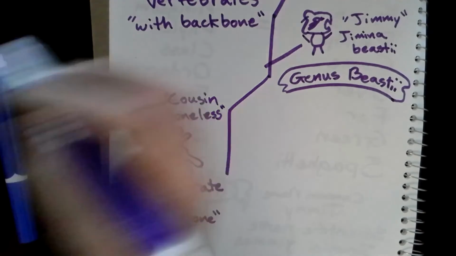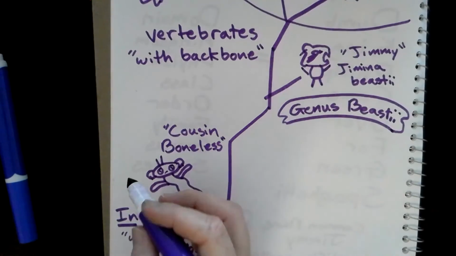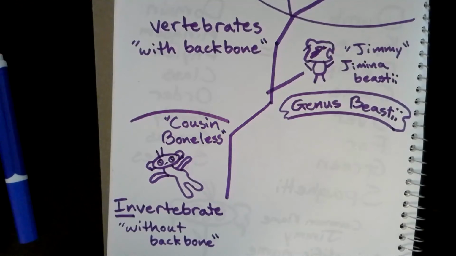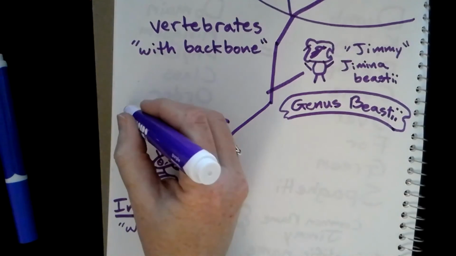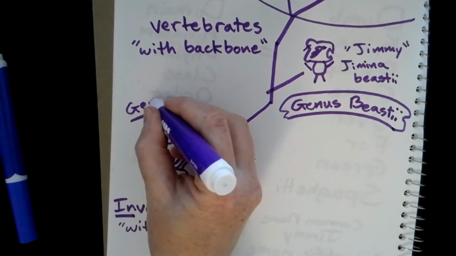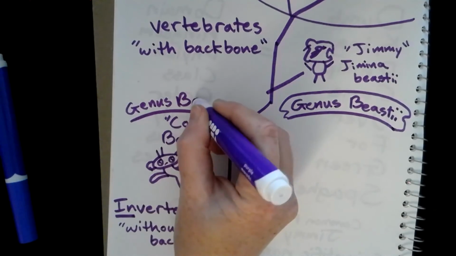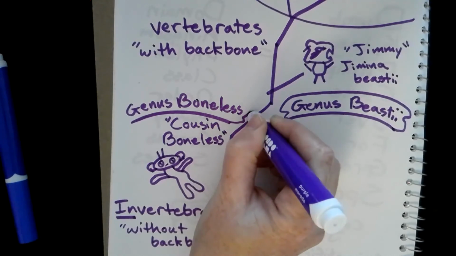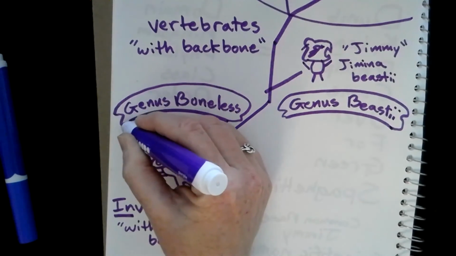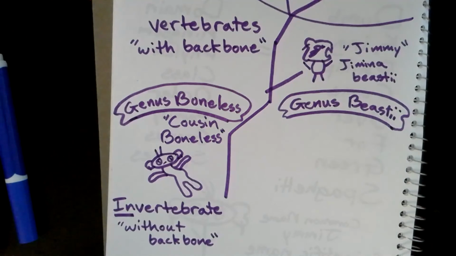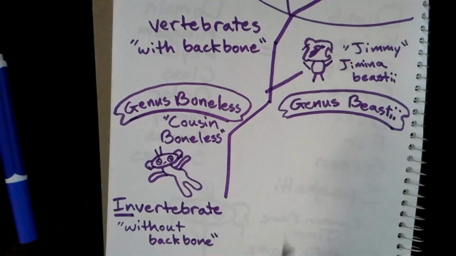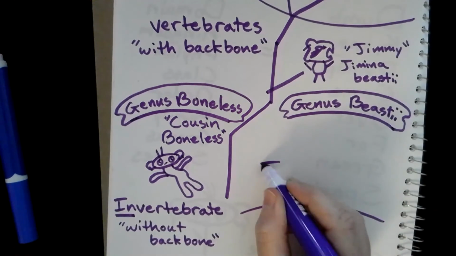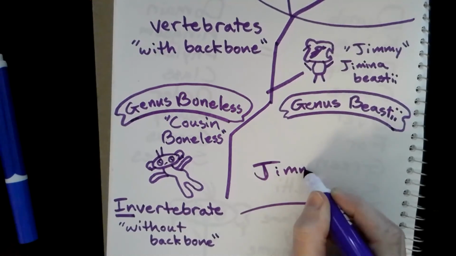All right. Oh, we need to give a genus name to him too. I'm sorry. We'll call it Genus Boneless. Even though everyone calls him a cousin, that's just kind of a moniker. We're not exactly sure where he came from. We just know that he shares just a little bit of DNA with the others to be included in the Jimmy family.